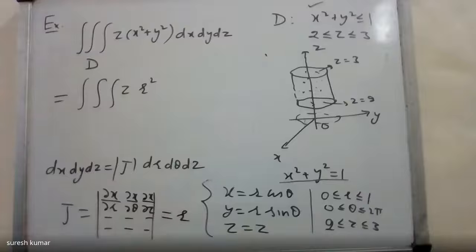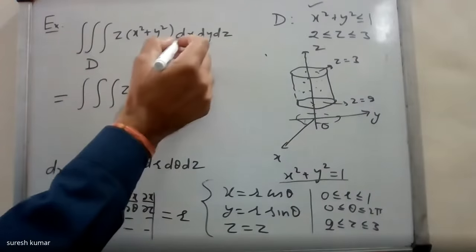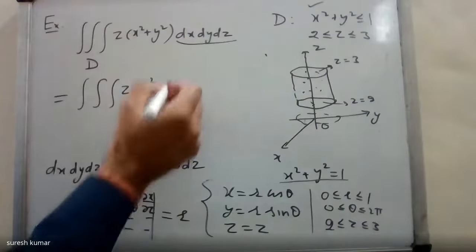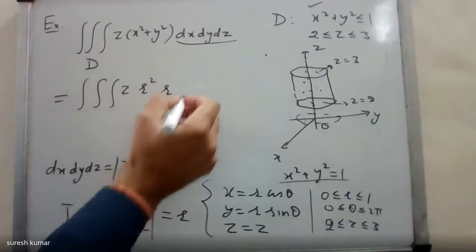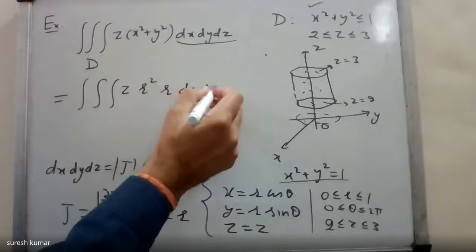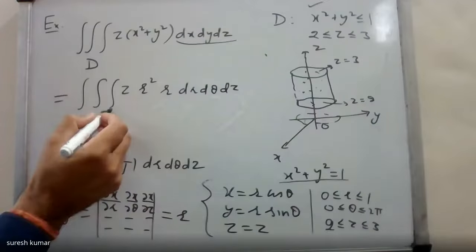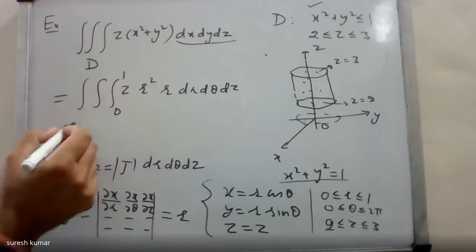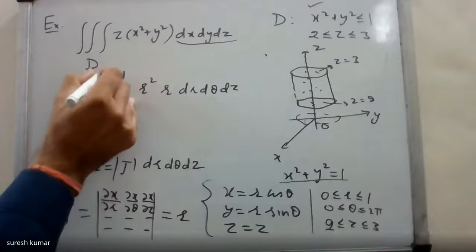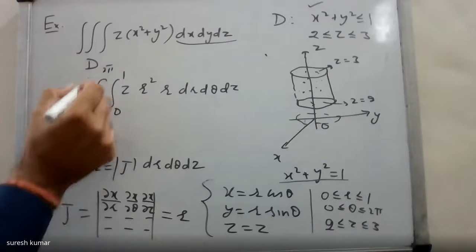For cylindrical coordinates, you can remember it directly. The Jacobian is r. So dx dy dz goes to r dr d theta dz. If you're writing this order dr d theta dz, then put first the limits of r. These are 0 to 1, theta limits 0 to 2 pi, and z limits 2 to 3.